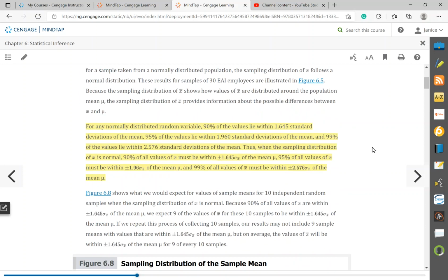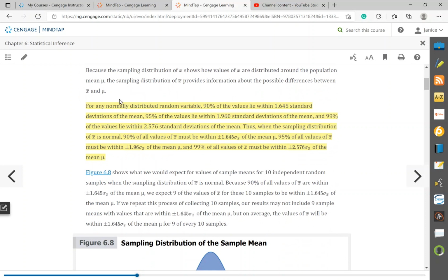It tells me that for a normally distributed random variable, 90% of the values lie within 1.645 standard deviations of the mean and has a z of 1.645. 95% of the values lie within 1.960 standard deviations and has a z of 1.96.